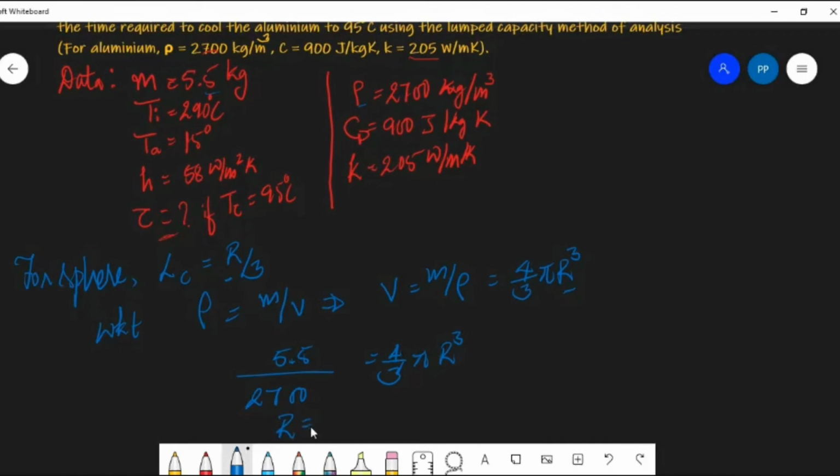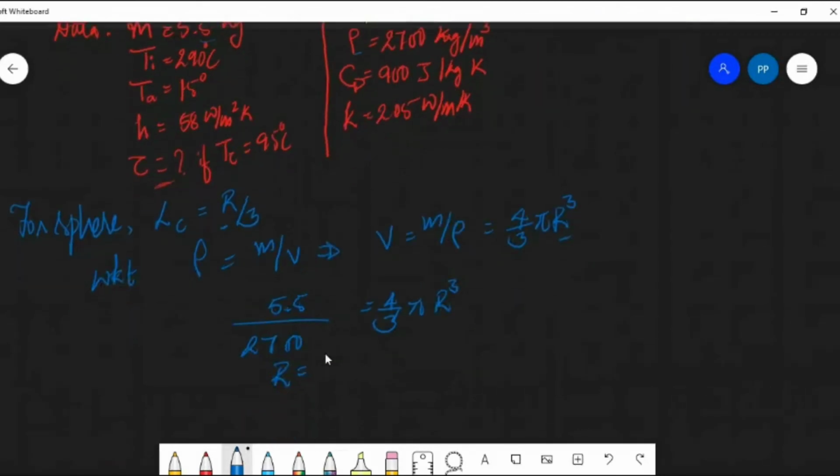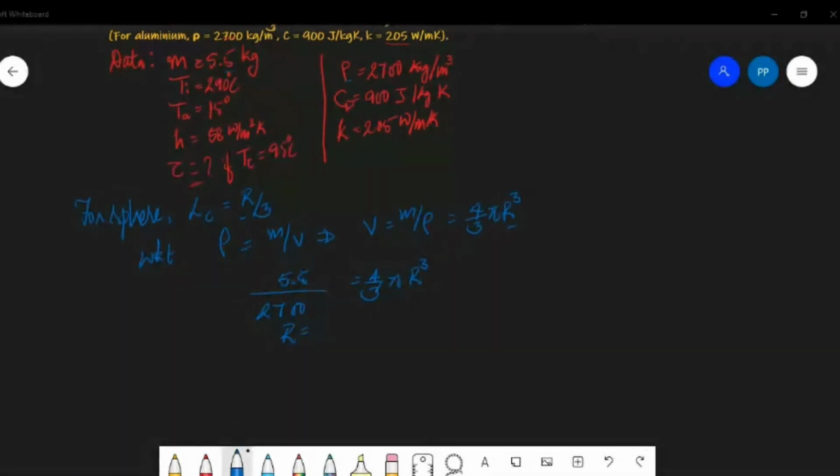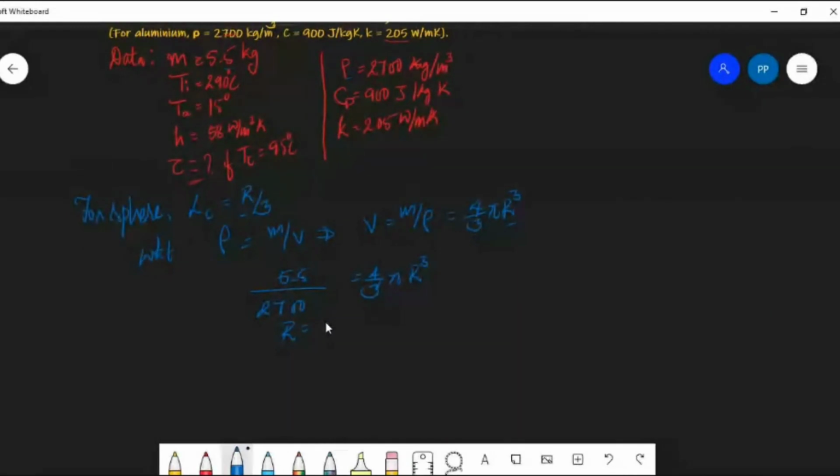To calculate the value of radius r, we get 0.078 meters, or 7.8 centimeter, or 78 millimeter.